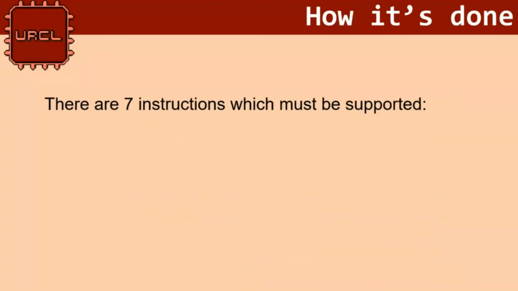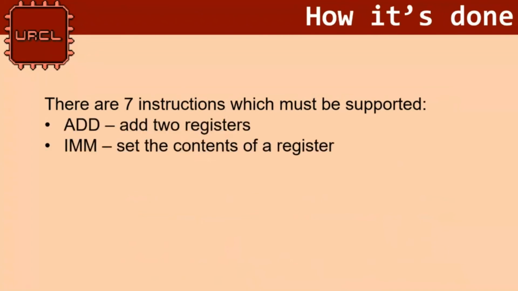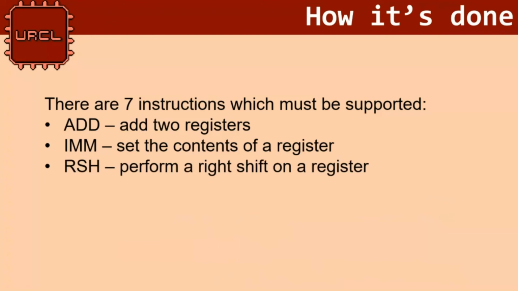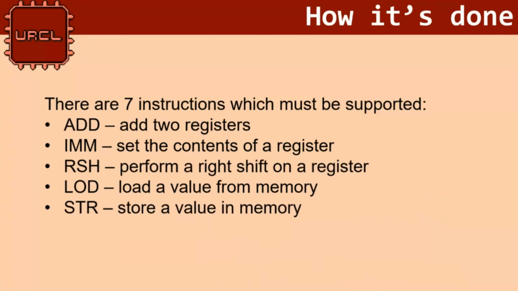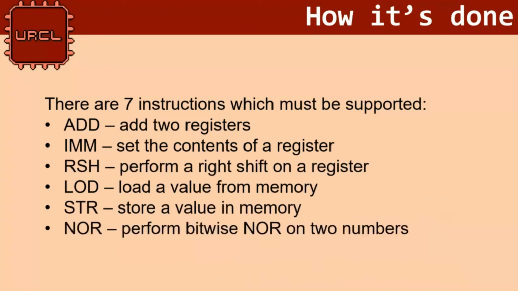So, as it turns out, there are 7 of these core instructions. Add, an instruction called im to set the contents of a register to a constant. Right shift, load to load a value from memory. Store to store a value in memory. Bitwise NOR, because NOR is a universal logic gate, so you can use this to emulate all the other bitwise operations.